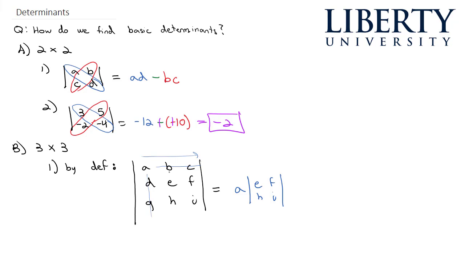Then we'll look at the B, which means we'll eliminate the B row and the B column, and we're going to subtract B times the determinant of everything else that's not in that row and column, which would be D, F, G, I. Then we'll add C, crossing off everything in C's row and column, which leaves behind our 2 by 2 determinant of D, E, G, H. This is how we, by definition, calculate a 3 by 3 determinant.